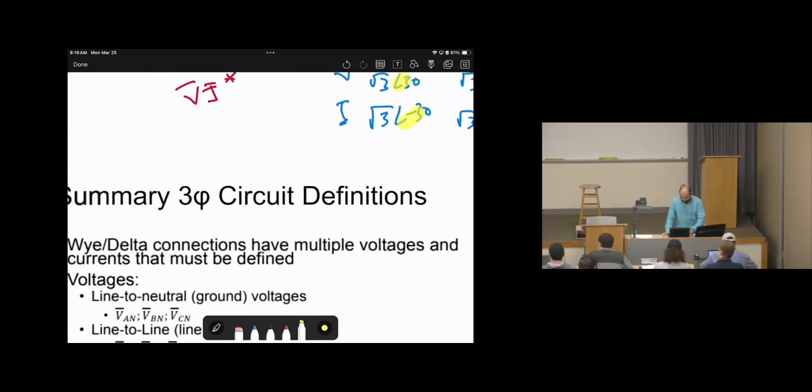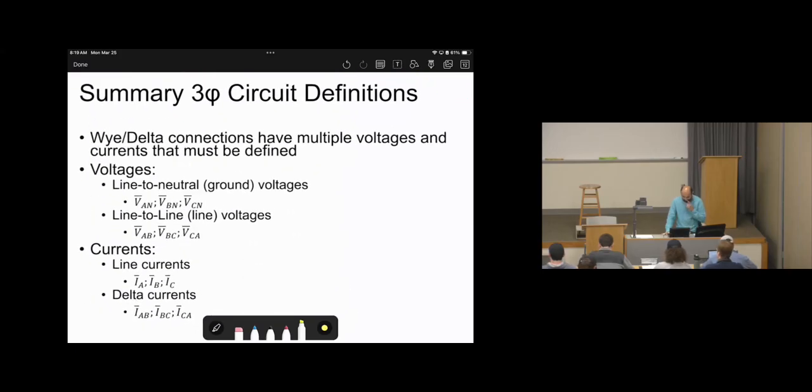Now, let's go to a summary. Whenever we deal with voltages, there are 6 voltages: line to neutral and line to line. For the currents, there are 6 currents: line currents and delta currents.